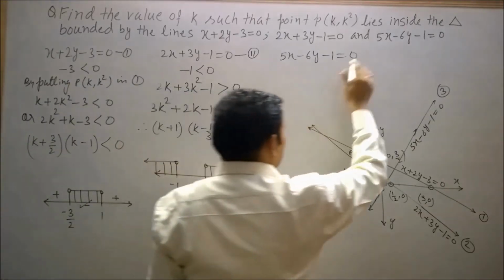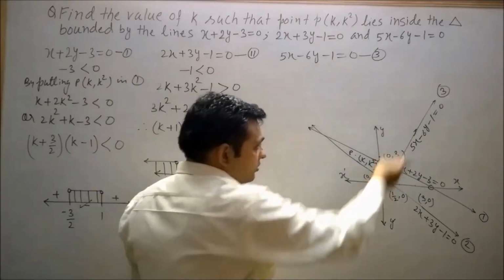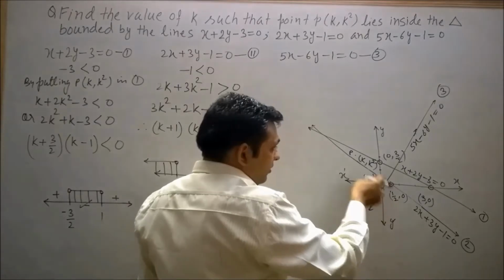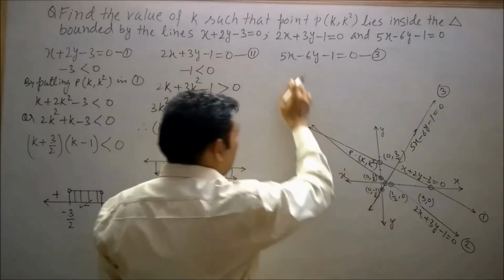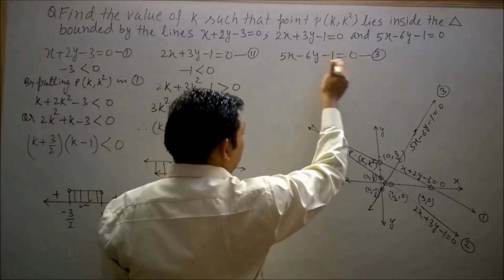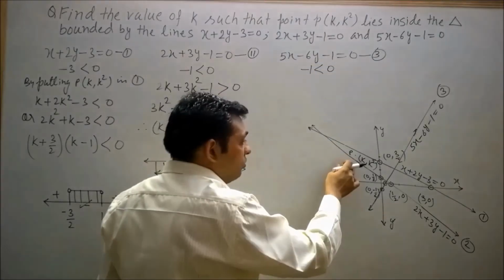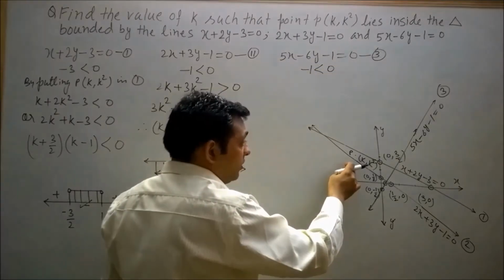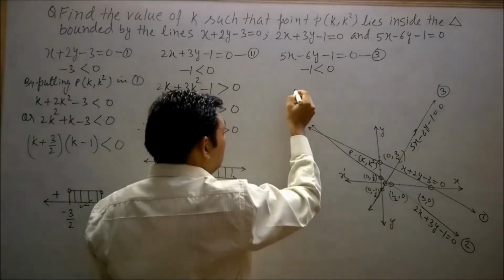Now consider the third equation. For this equation, origin and P lie on the same side. So by putting the value of origin in this equation, 0 minus 0 minus 1, minus 1 is less than 0. So by putting the coordinates of the point P in this equation, we get the same sign of inequality.